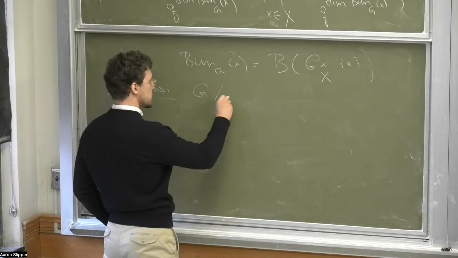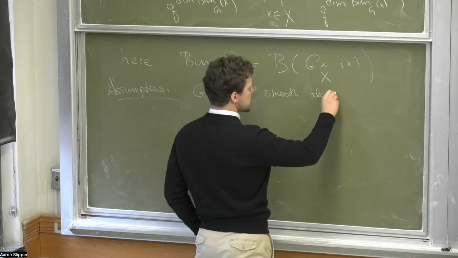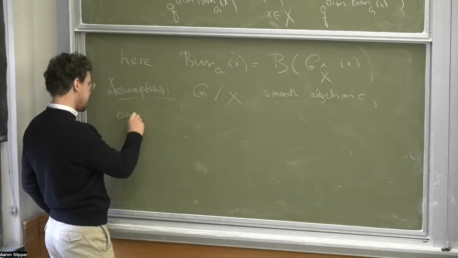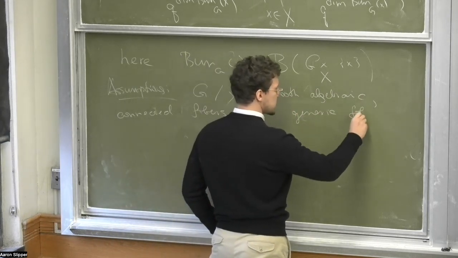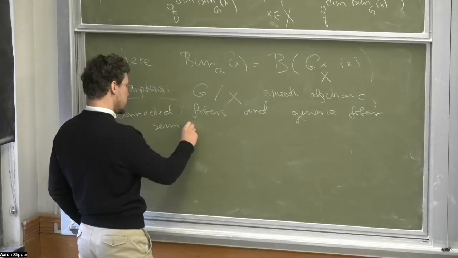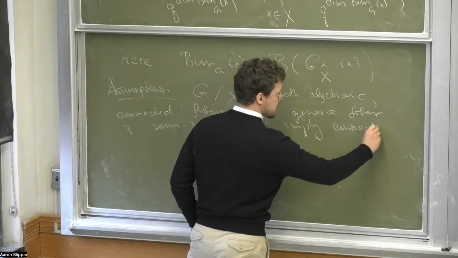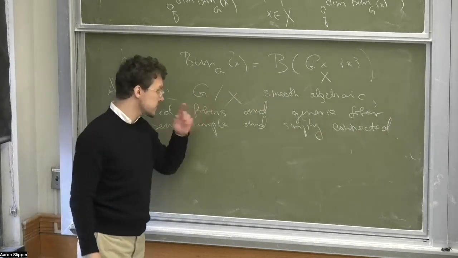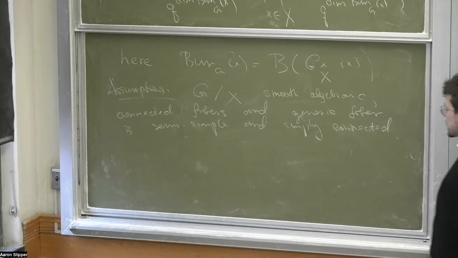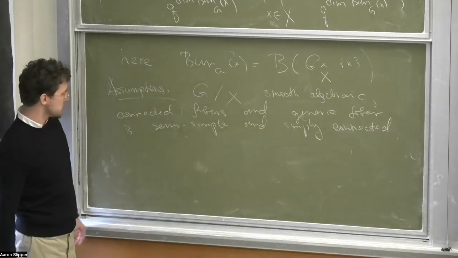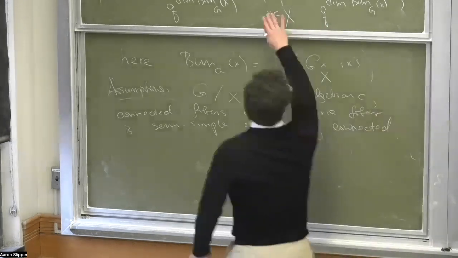Here G over X must be smooth, with connected fibers, and the fibers must be semisimple and simply connected. These are assumptions you have to impose in order for various aspects of this to work, such as the existence of a good stratification of BunG of X, and also these conditions on generic semisimplicity and simple connectedness are important for convergence of some kind of infinite products of the form which appear here.